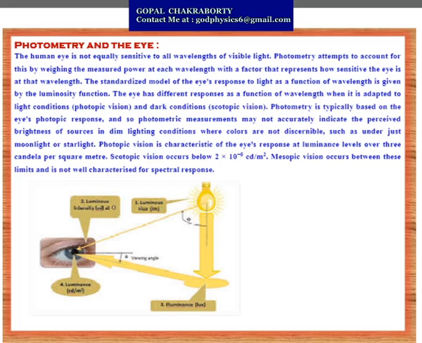So there is a range which plays a very important role. Within that range it is permissible for the human eye to respond as per the emitting source, that is the light coming from any source.